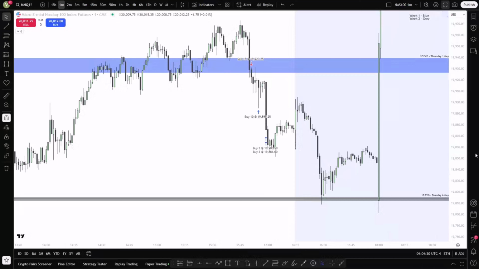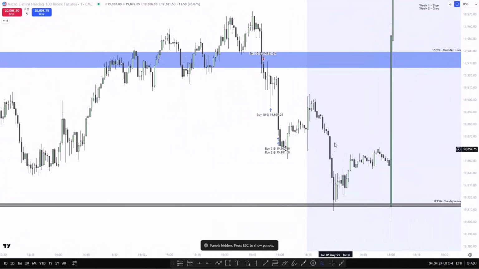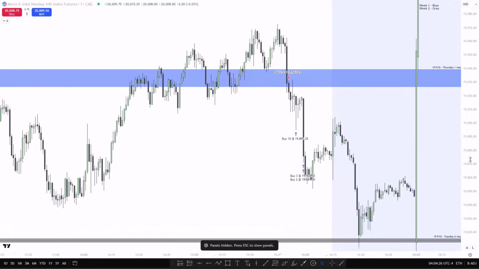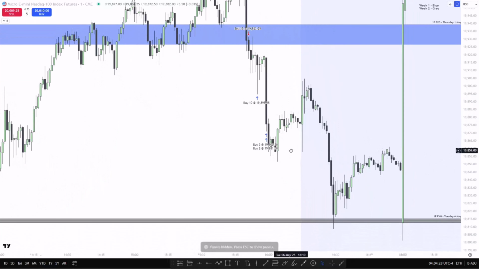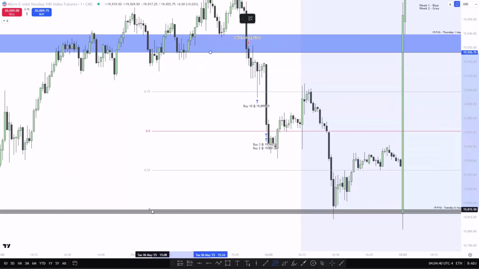And this is a trade I took. It's a paper trade. I was practicing last night at the last hour, and you can see price action here from Thursday, first presented fair value gap of May 1st, all the way to yesterday's first presented fair value gap of May 6th. Okay, another Tuesday.